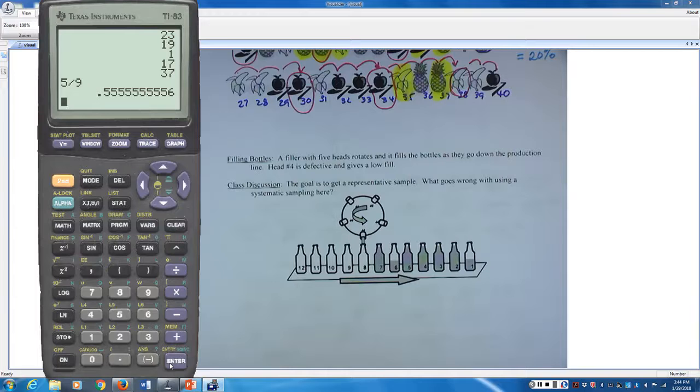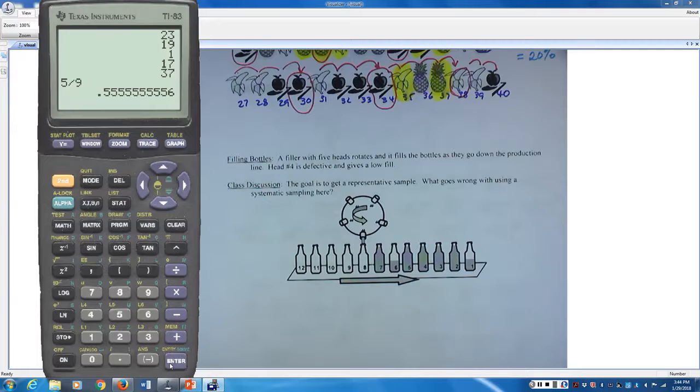Let's suppose I randomly started with bottle number 7 and I counted every 5th bottle. 1, 2, 3, 4, 5, 6, 7, and so forth. What's going to happen if I choose this as the first one and then every 5th one after that? Am I likely to ever hit a half-filled bottle? No. Probably not going to hit one at all.